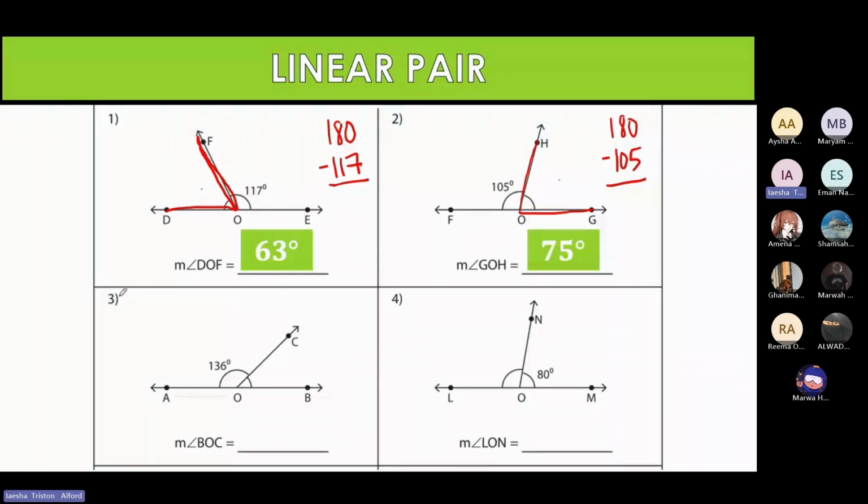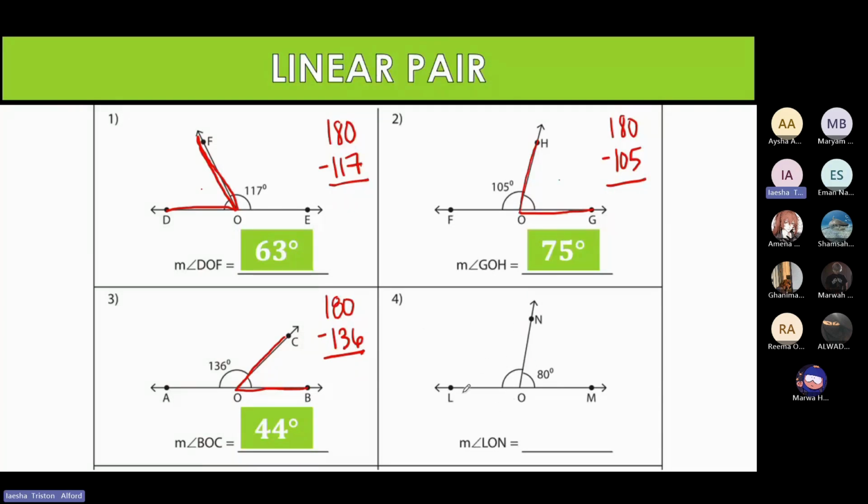Number 3, we want angle BOC. Start at B, go to O, stop at C. 44. How? 180 subtract 136 gives you 44 degrees.